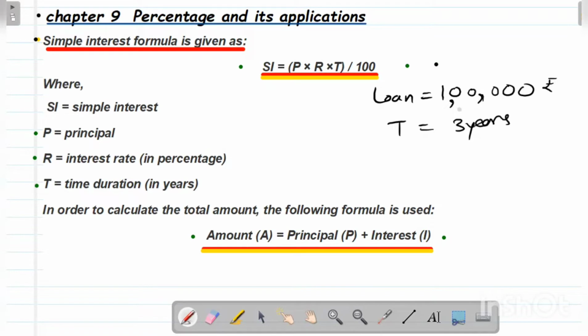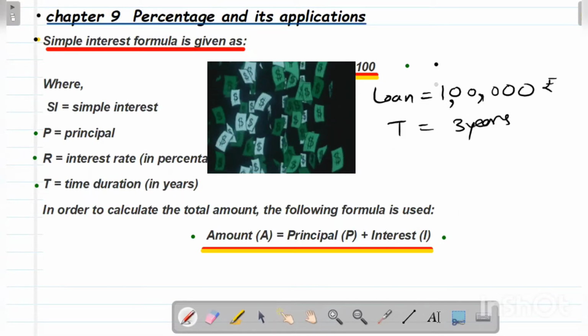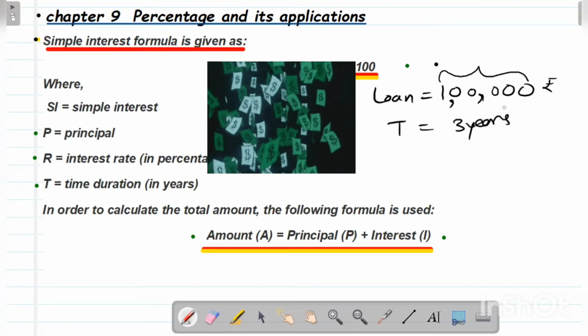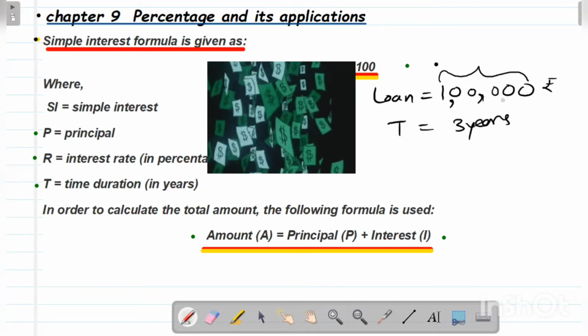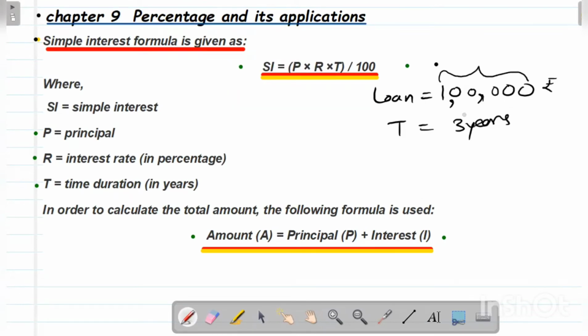ओके, अब बैंक के पैसे मुझे यूज करने हैं तो मुझे उसके ऊपर बैंक को कुछ चार्जेस देने पड़ेंगे, right? So after 3 years I have to repay this 1 lakh completely to the bank. मतलब 3 साल के बाद मुझे क्या करना है? बैंक को ये 1 लाख रुपीस तो रिटर्न करने ही है, बट उसके ऊपर मैं ये बैंक का पैसा जो यूज कर रही हूँ उसके ऊपर जो एक्स्ट्रा चार्ज मुझे रिटर्न करना पड़ेगा.